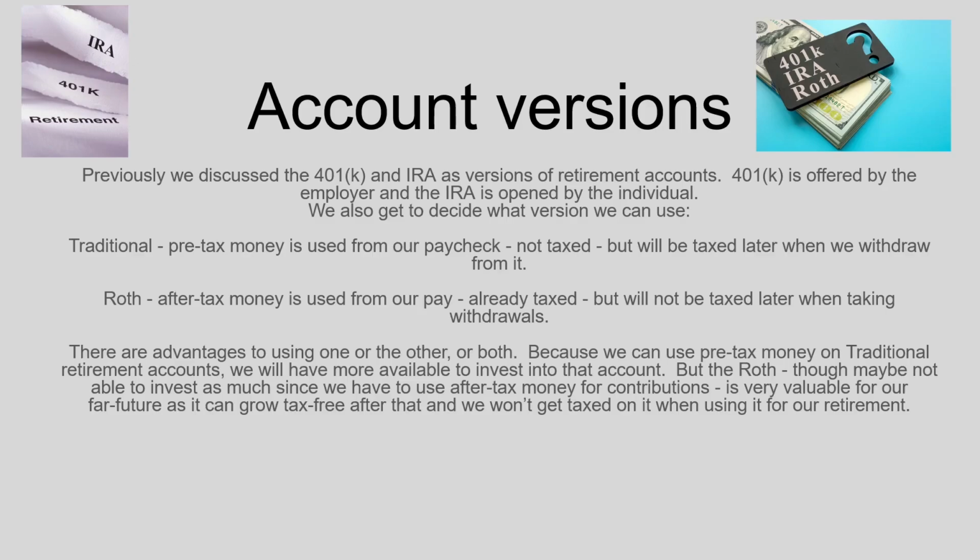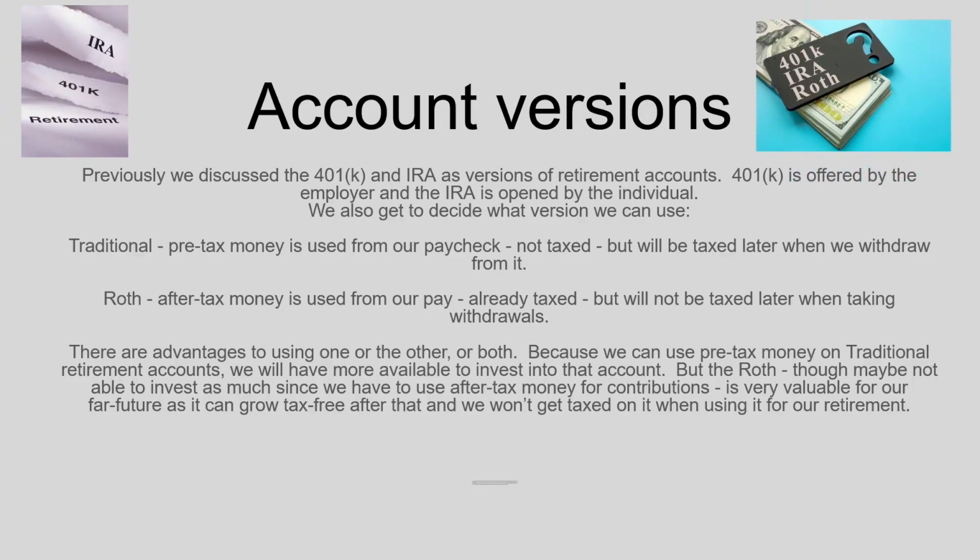Obviously, we have more if we're taxed nothing on that amount. But with a Roth, though we'll be able to invest less because it'll be with money that's been taxed, it's valuable for the future because it can grow tax-free, and then when we withdraw, no taxes on it.